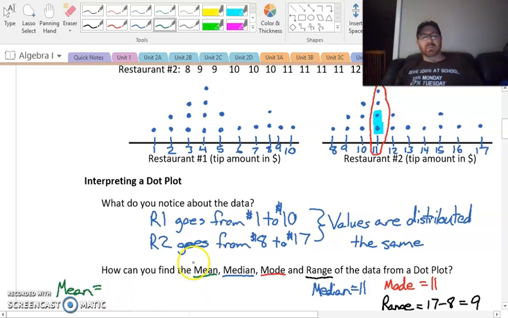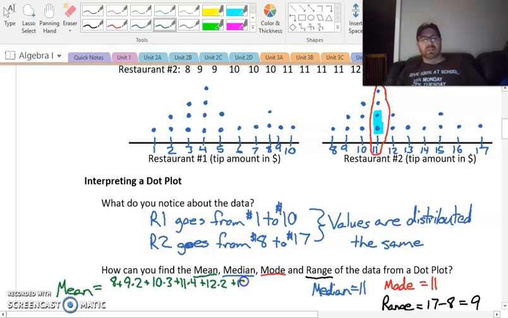So the mean, rather than just putting 8 plus 9 plus 9 plus 10 plus 10 plus 10 plus 11 and so on, I'm going to put 8 plus, and then there are 2 9s, so I'm going to do 9 times 2. And then there were 3 10s, so I'm going to do 10 times 3. There were 4 11s, so it's 11 times 4. There are 2 12s, so it's plus 12 times 2.